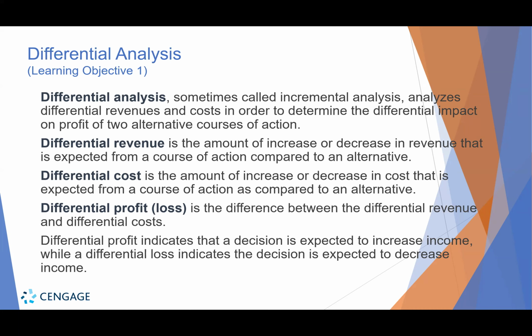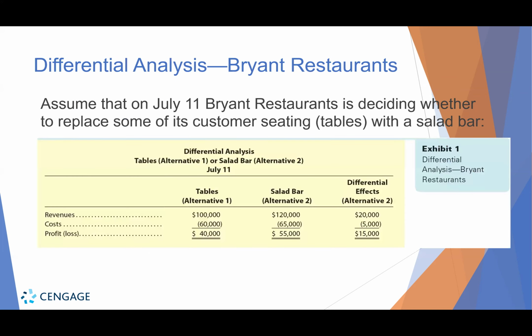Differential profit looks at a decision that's supposed to increase income, where the differential loss looks at how that decision is going to decrease our income. So that's just giving you an understanding of some of the wording we're going to be using today.